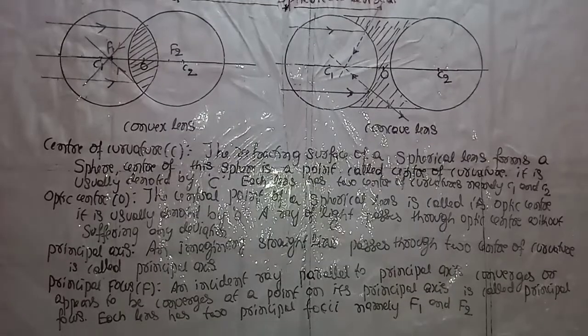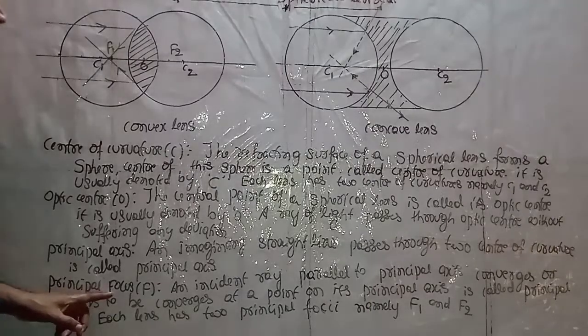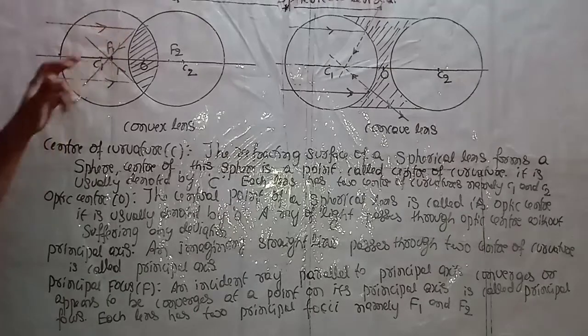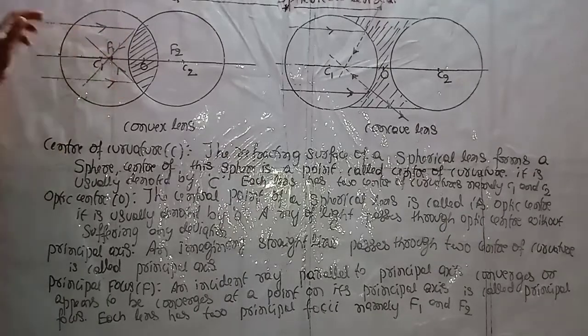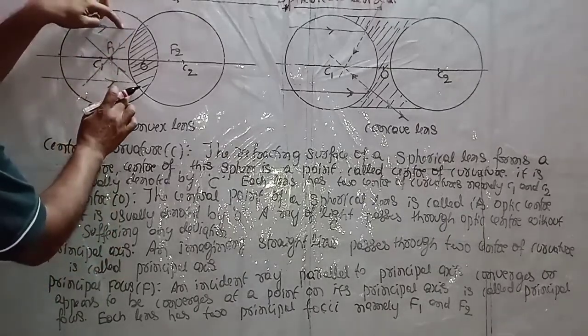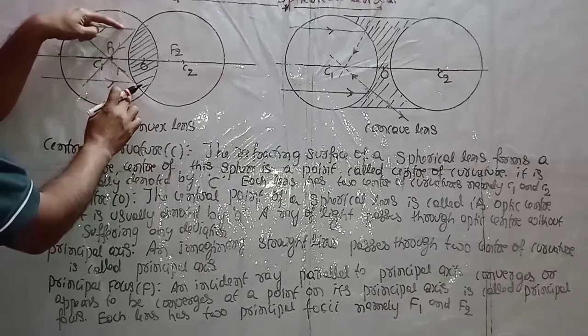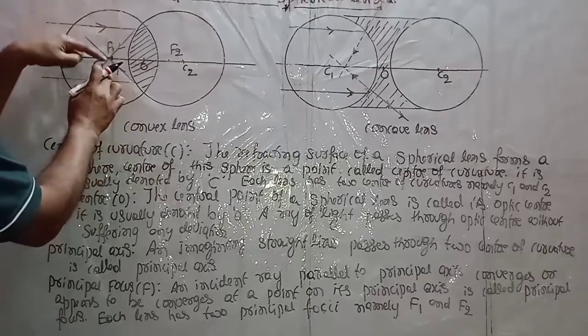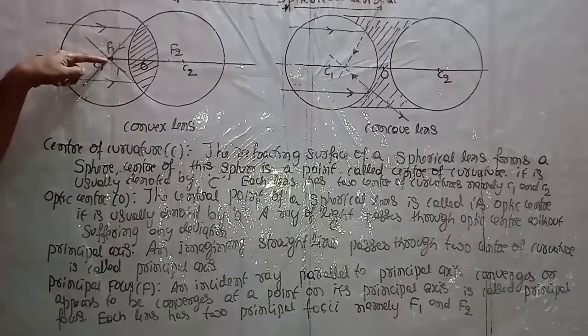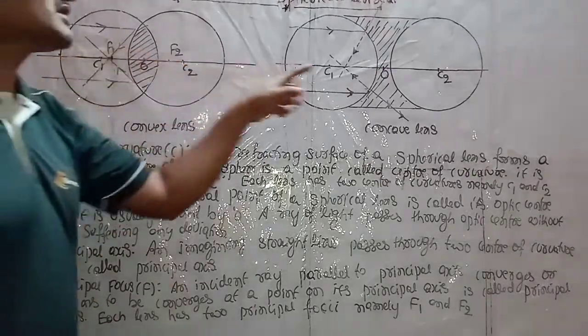Look here, student. Principal focus. Principal focus is where an incident ray parallel to the principal axis, after refraction, converges at one point on the principal axis, or appears to converge at one point.